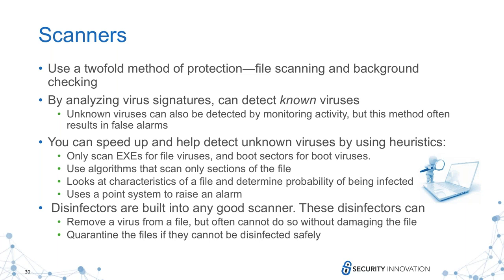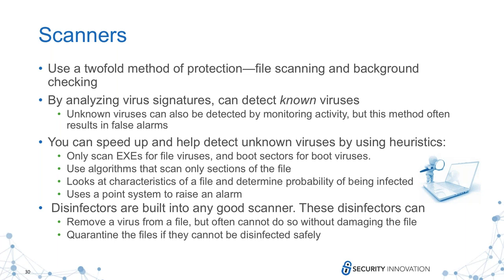But there are often more false alarms by doing that. You can speed that up by using some heuristics, so you're only scanning executable files for viruses and boot sectors for boot viruses. So you're not looking in areas where you're not going to find those types of attacks.